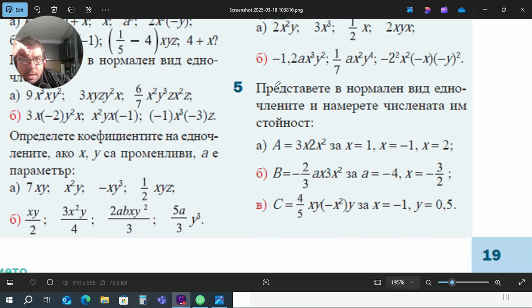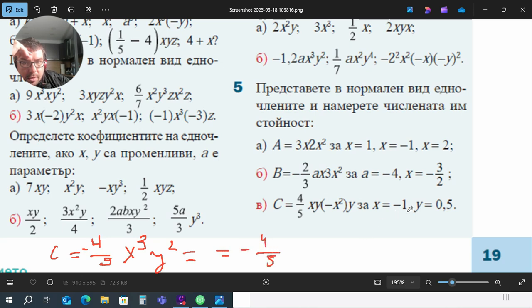And then for the last one, C, what do I have here? 4/5, minus, so the minus will come in front, x to the power of 3, y to the power of 2, and I substitute here, I get minus 4 over 5.